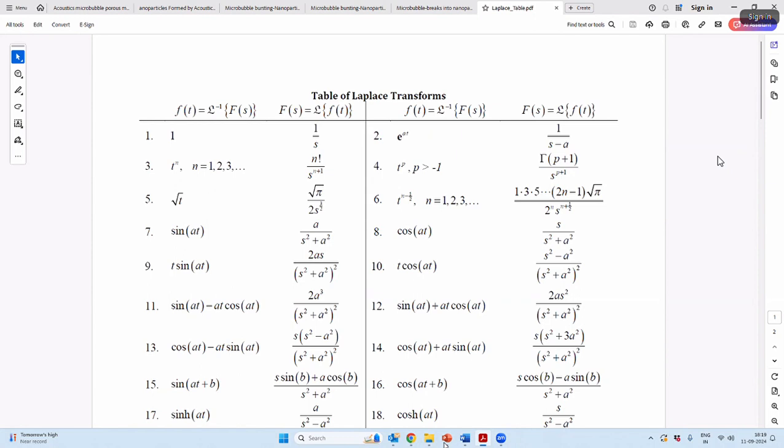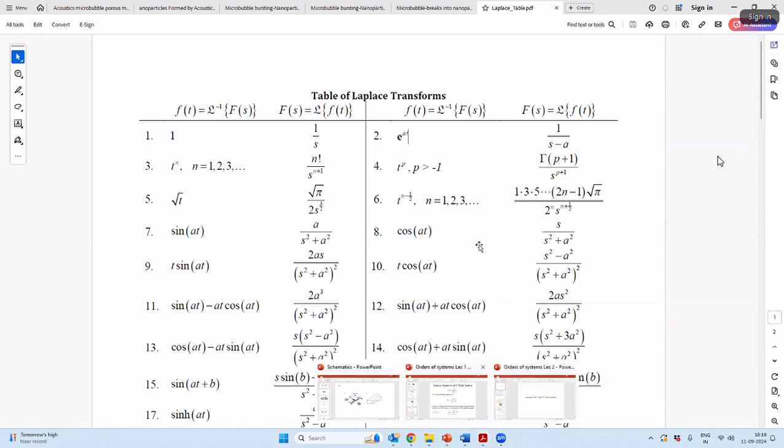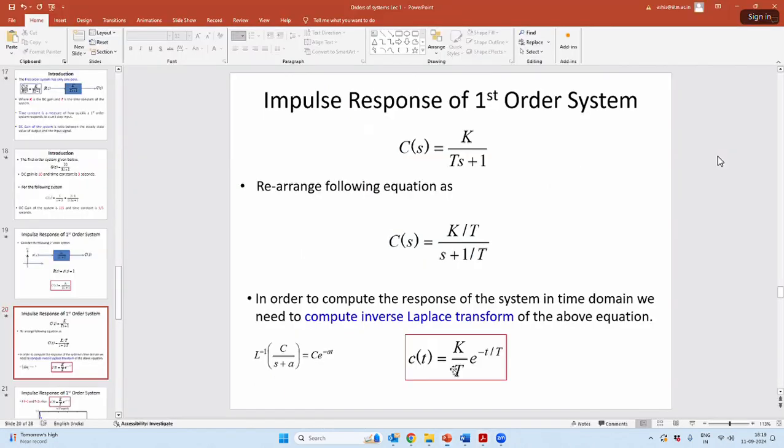So if you take the Laplace inverse of this expression, K by T is a constant, so you get e to the power minus a into t, and your a is basically 1 over capital T. So minus 1 over capital T into t, which is e to the power minus small t over capital T. This is in the time domain.